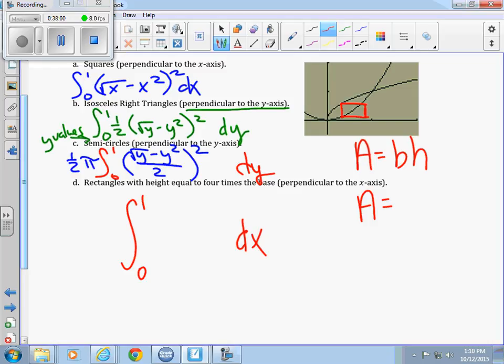So everyone agree? Or 4b squared. And what is b if I'm dx? The square root of x minus x squared.